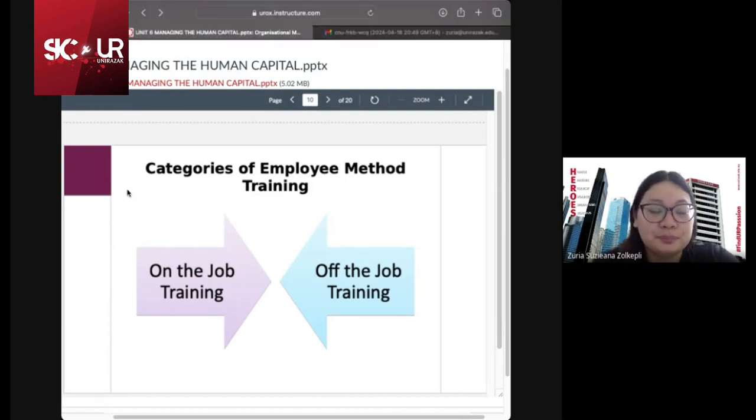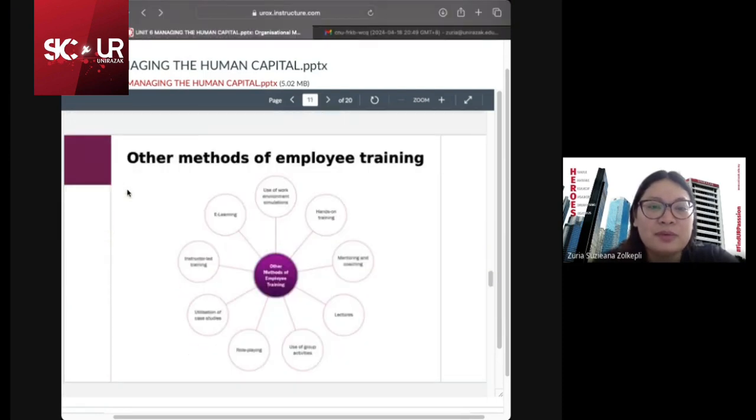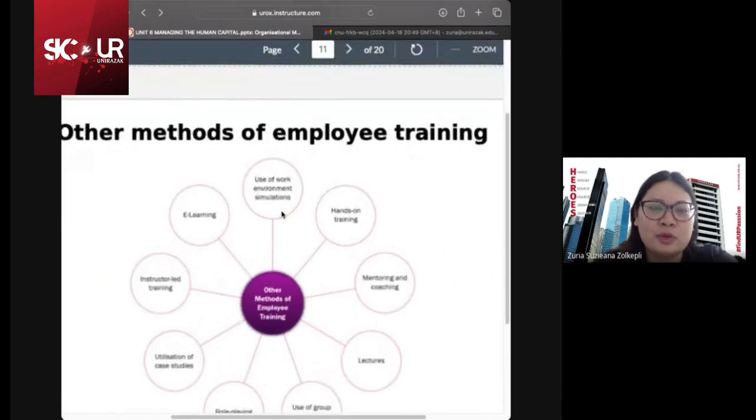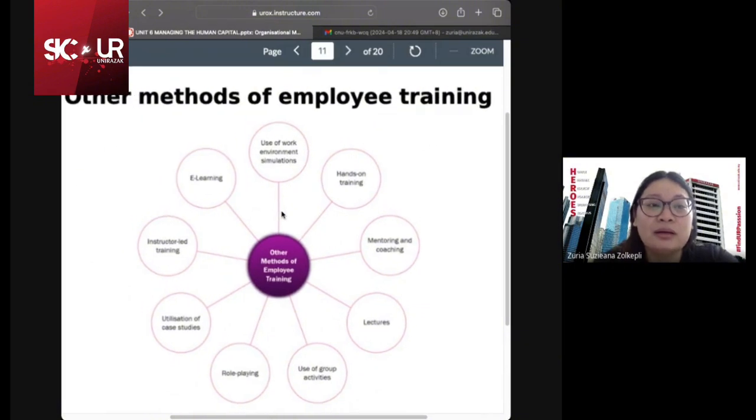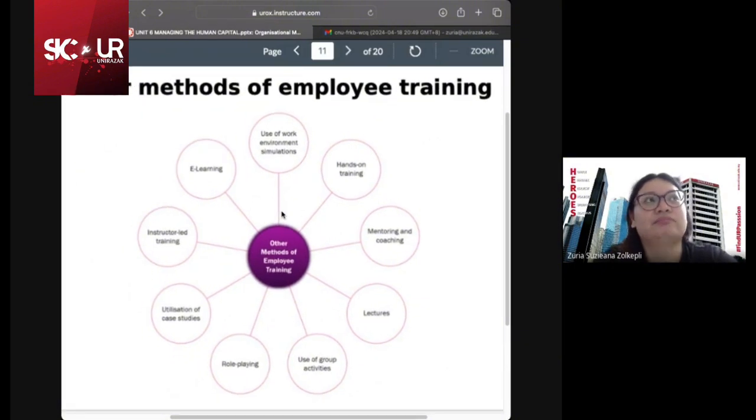Okay. Other methods of employee training. I'm not going to explain everything, but these are some of the methods that you can try, can adopt in your workplace, right?